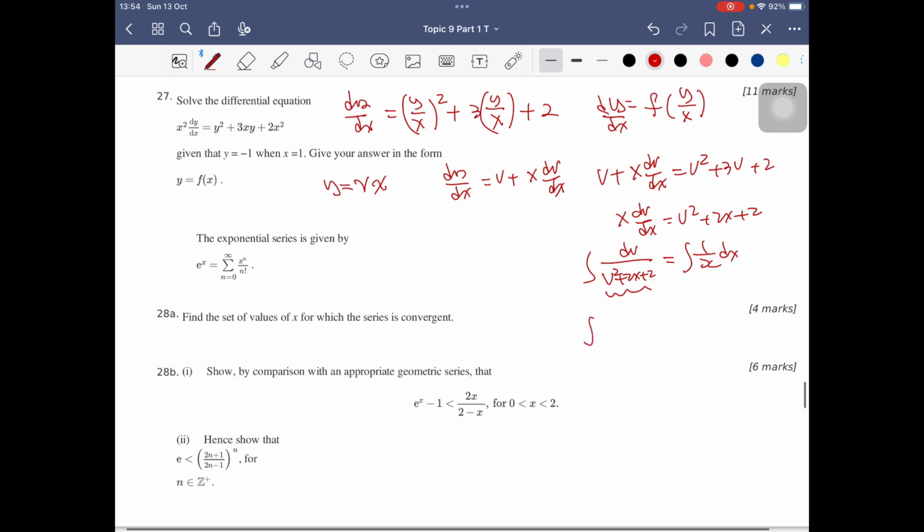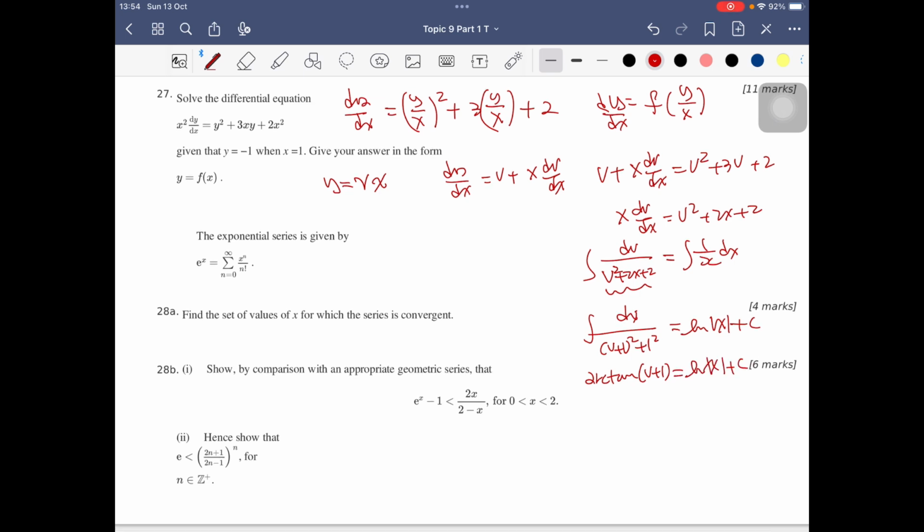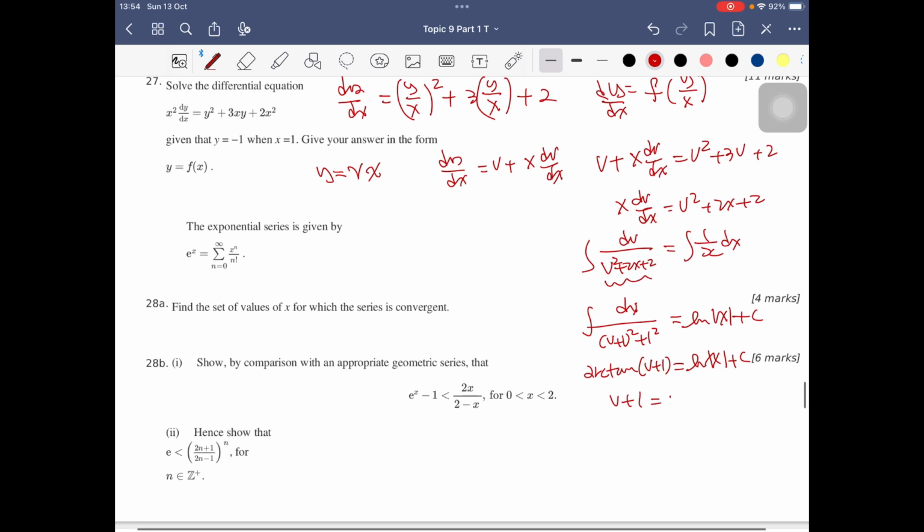So this one I can write as v plus 1 squared plus 1 squared, which is 1, and ln x plus c. So on the left side, this is arctangent. Arctan of v plus 1 equals ln x plus c. So v plus 1 equals tangent of ln x plus c.